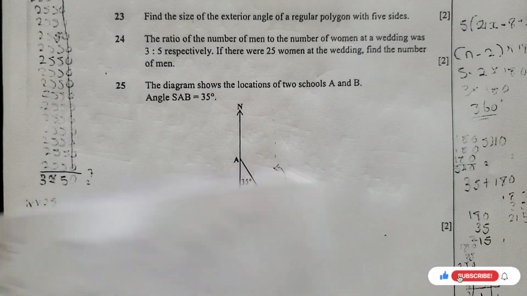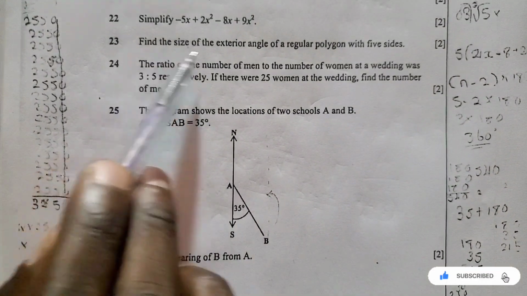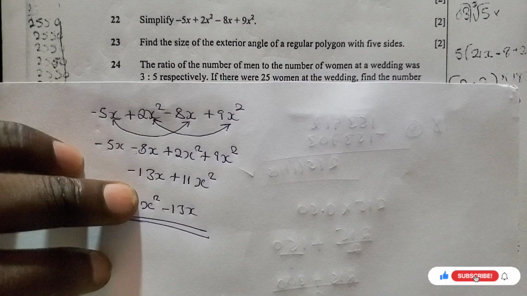Question 23 is saying, find the size of the exterior angle of a regular polygon with 5 sides. Simple issue. Okay, let's answer it.